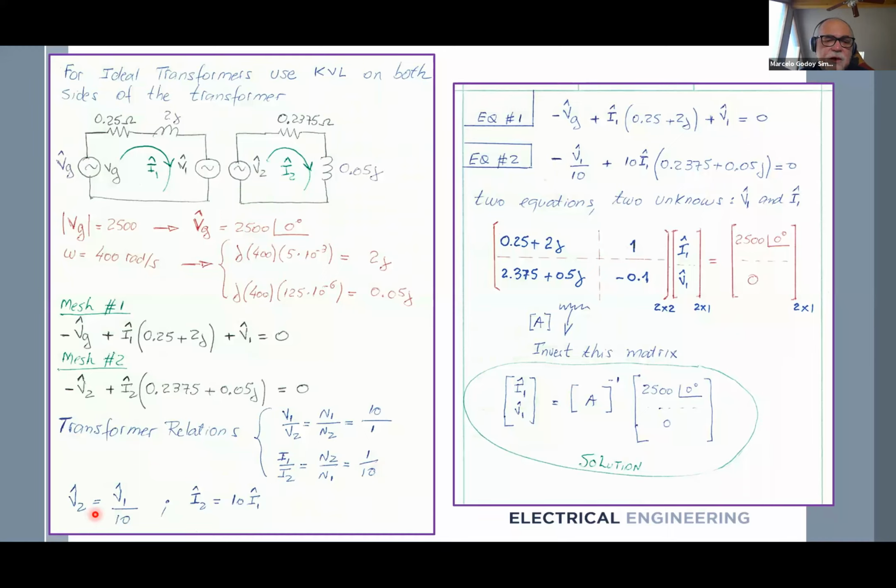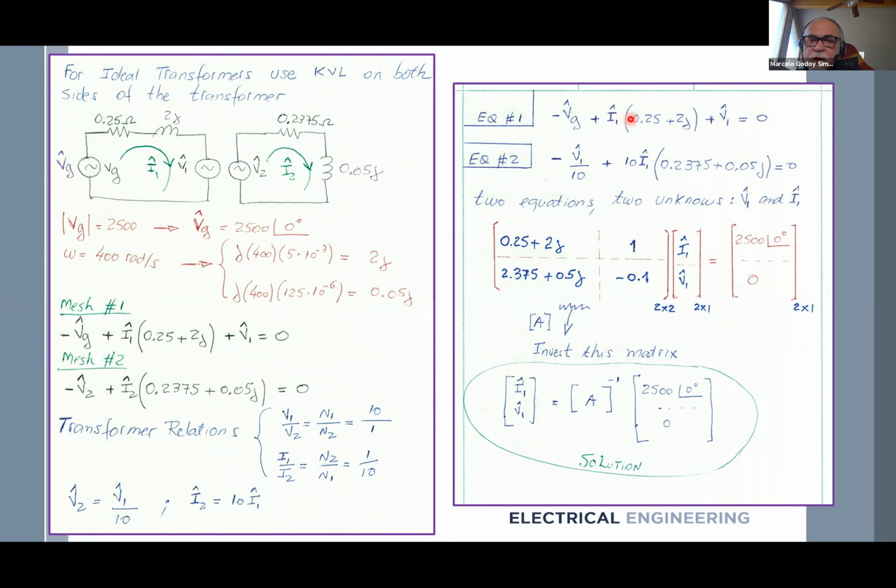So V2 is V1 divided by 10, and I2 is 10 multiplied by I1. So I take these relationships and I substitute in the mesh equations. And I make everything in terms of I1 and V1. So I have two equations and two unknowns. The unknowns are phasor current I1 and phasor voltage V1.